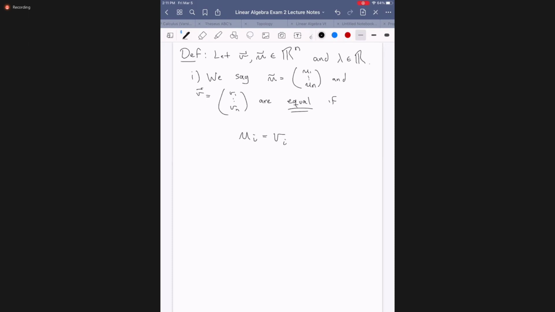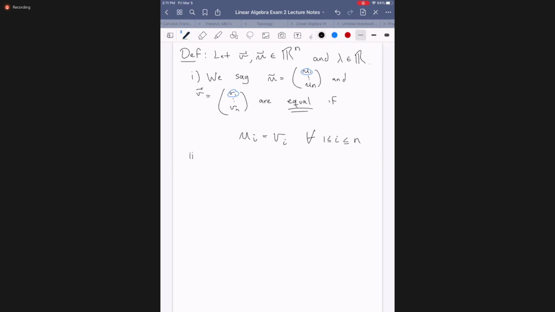That's the most natural definition. So each one of these has to be equal in order for the vector, or the list as a whole, to be considered equal.